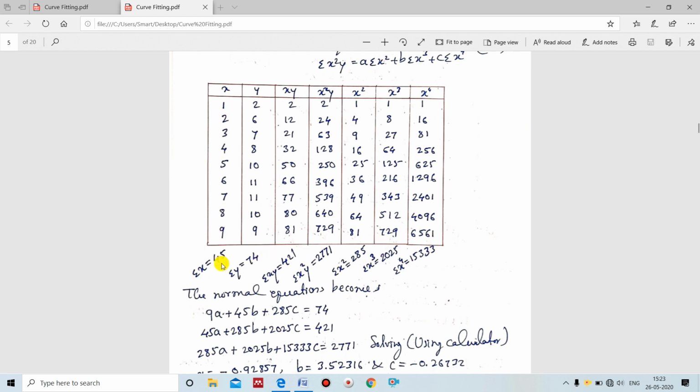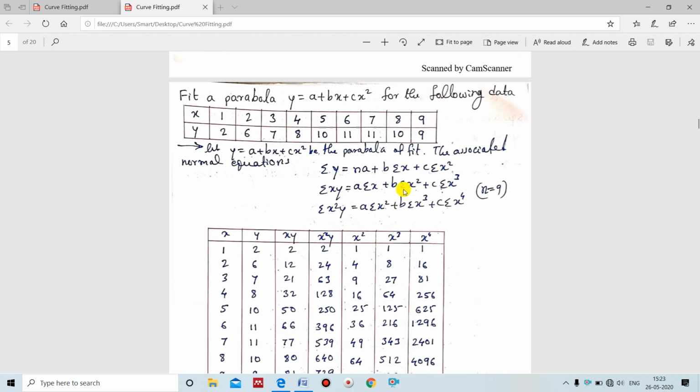Summation of x is 45, summation of y is 74, summation of xy is 421, summation of x square y is 2771, summation of x square is 285, summation of x cube is 2025, summation of x raised to 4 is 15333. Put these summation values in the normal equations like before.